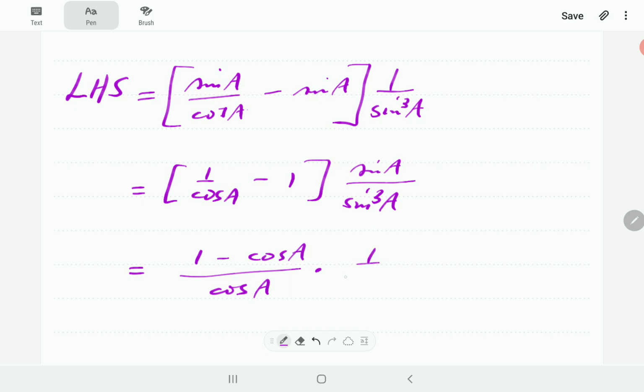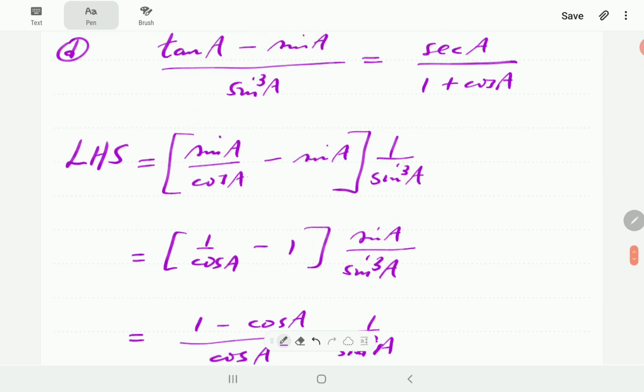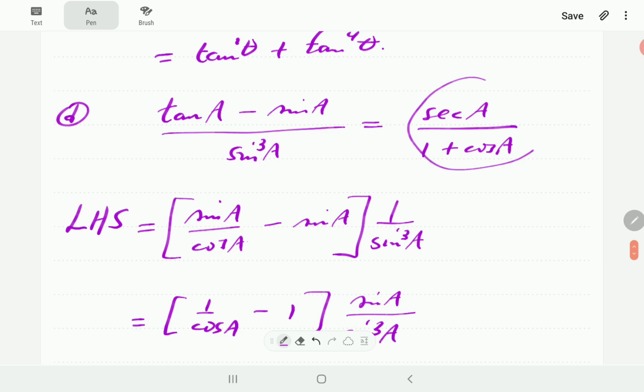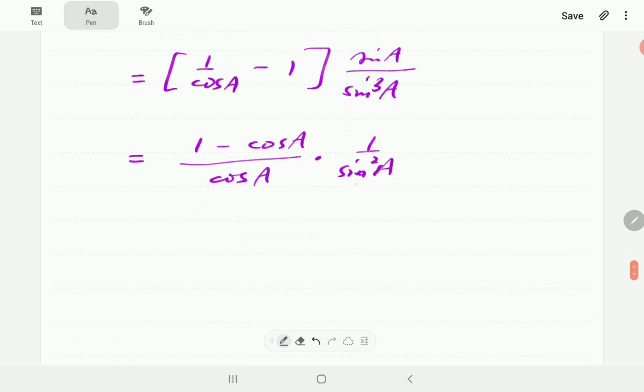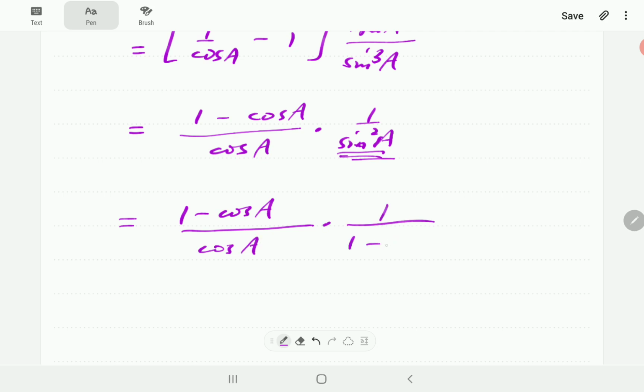That one is going to be 1 over sine squared A. Now remember, the right hand side is entirely in terms of cosine, so we're going to want to write this as a cosine. So if we do that, we are going to have 1 over 1 minus cosine squared A.